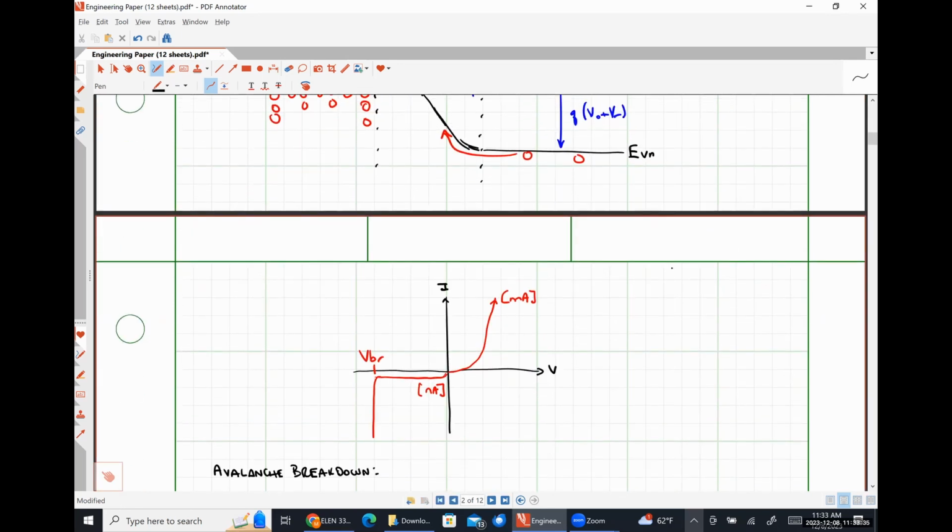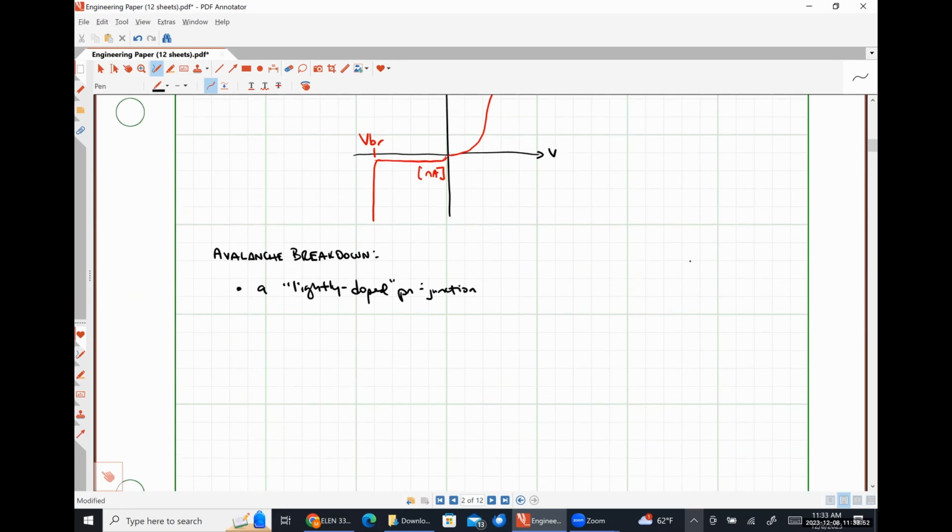Instead, we have a very, very wide region of space, so that an electron that is diffusing from the P side of the depletion region will be imparted with an extremely large electric field. Okay, so something like this. Here's our crystal.